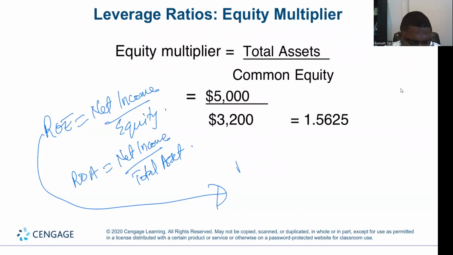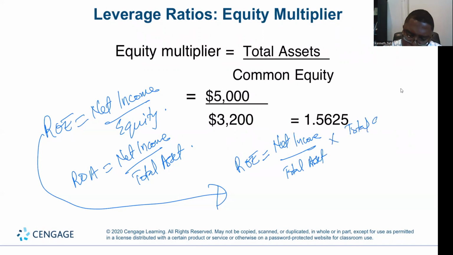I can have return on equity to be equivalent to net income divided by total asset, then I can times total asset divided by equity.